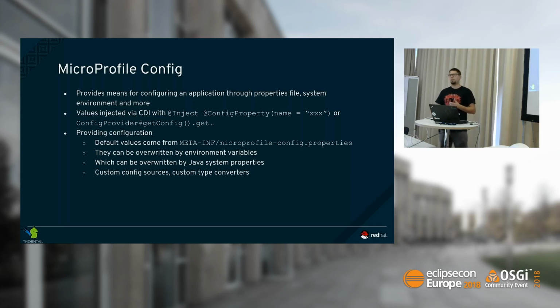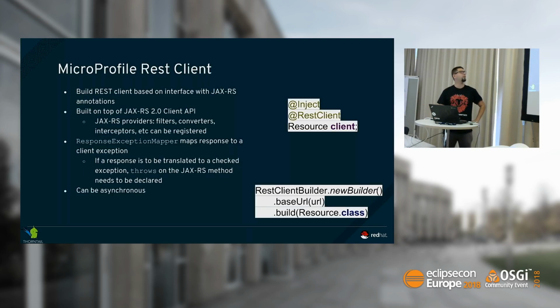You can also provide custom config sources. So, for example, if you use Kubernetes and want values from a config map, you can do it your own way. This is config.